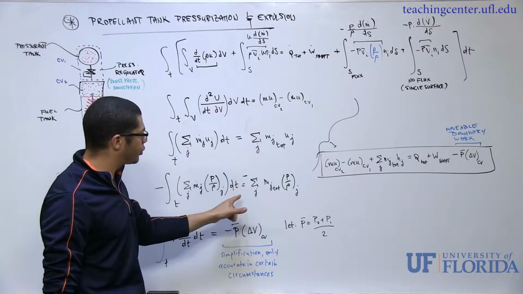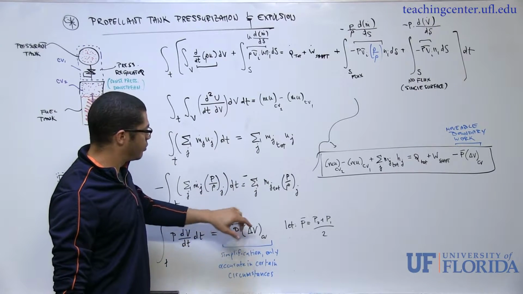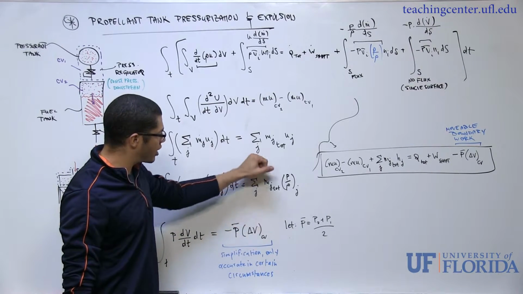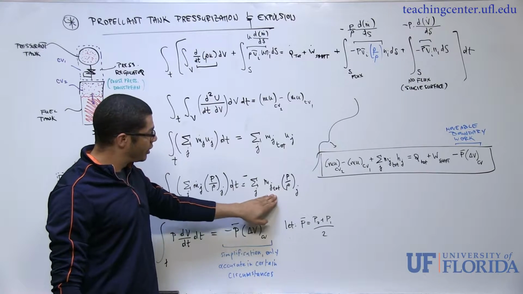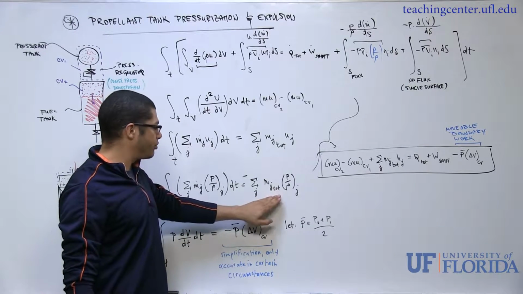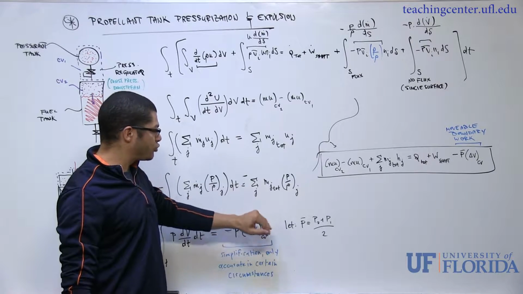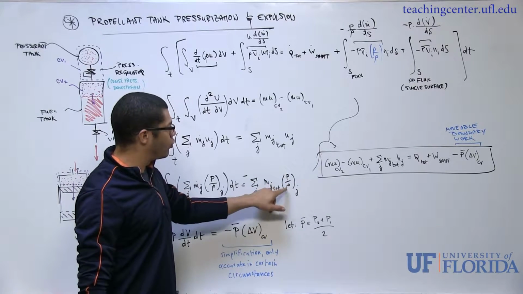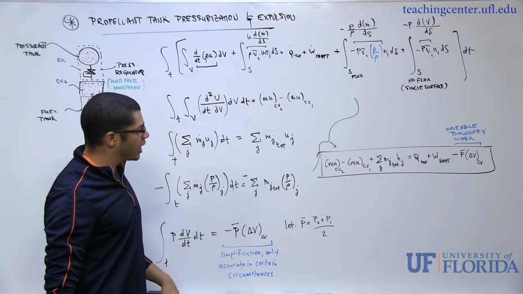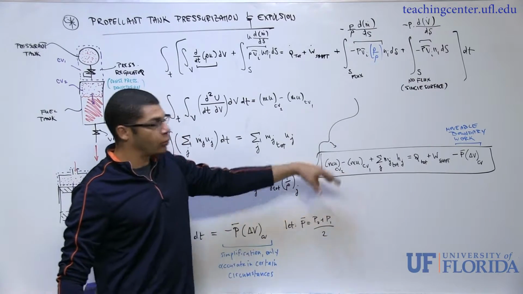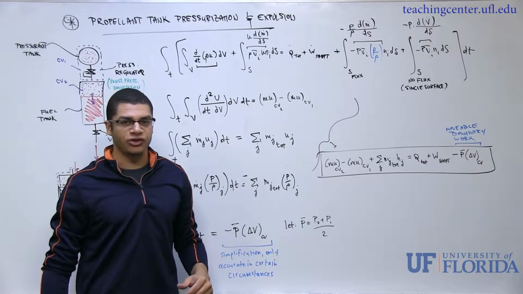And same procedure here, keeping the minus sign in mind. I've got a summation over those same j points of the total mass associated with those flows over the time interval of interest times the quantity P over rho associated with that flow. And just realize, you'll see it over here, but I wouldn't jump to this expression quite yet.